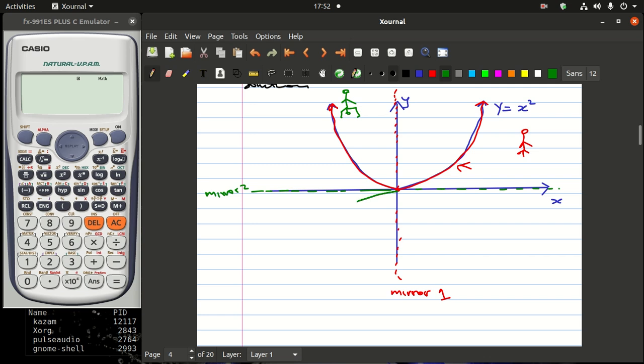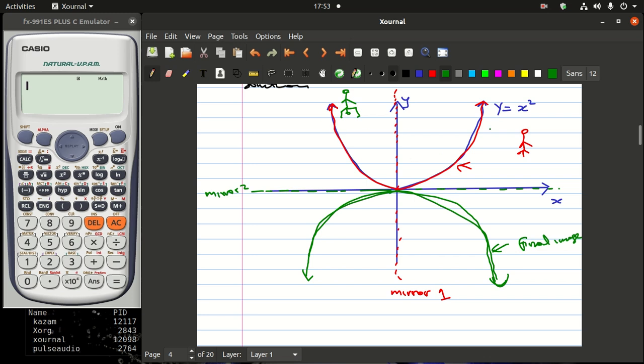It will look something like this. So this curve will be that. And if you look into this curve here and stand somewhere here and look in the mirror, you will see that this curve will become something like this. So we have a curve that is going this way over here. Now let's go back a little bit. This one here is our final image, the reflection of this about the origin.